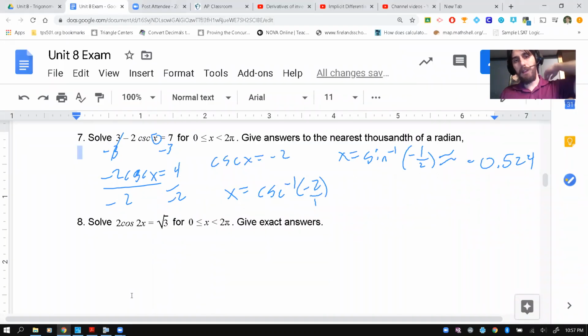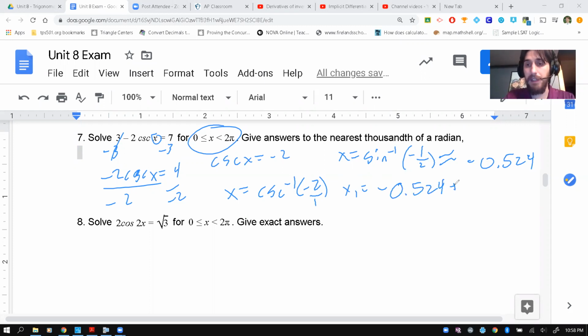Okay. So now that we've got that, remember that that's in quadrant 4, and it's supposed to be a positive angle, not a negative. So to find the real first answer to this, I'm going to take that answer and I'm going to add not 360 degrees this time, because since we're in radians, I need to add the equivalent in radians, which would be 2 pi, which gives me about 5.761.